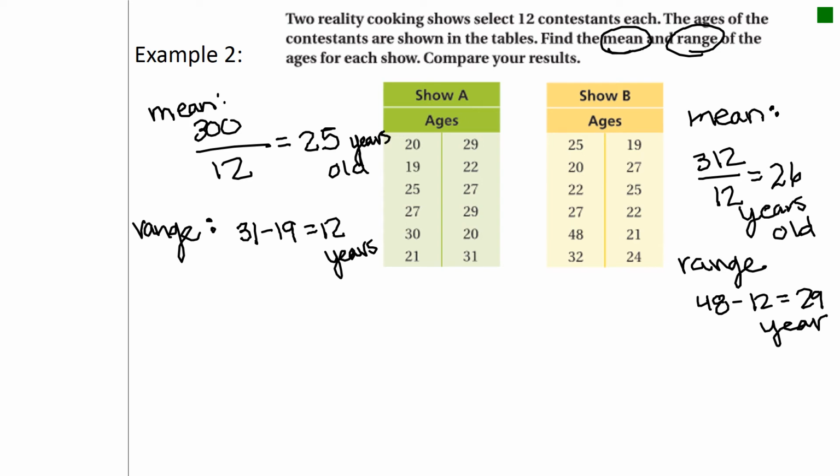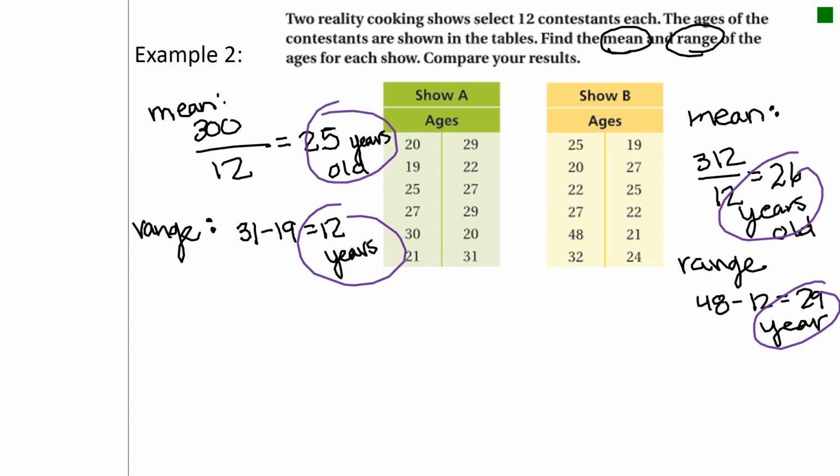Okay, what do these values tell you? What do 26 years, 29 years, 25 years, and 12 years tell you about the data? Show A has ages that are closer together because they're 25 years old on average, and they're younger on show A than show B. The range is 12 years versus show B's 29 years, so the data for show B was spread out more.